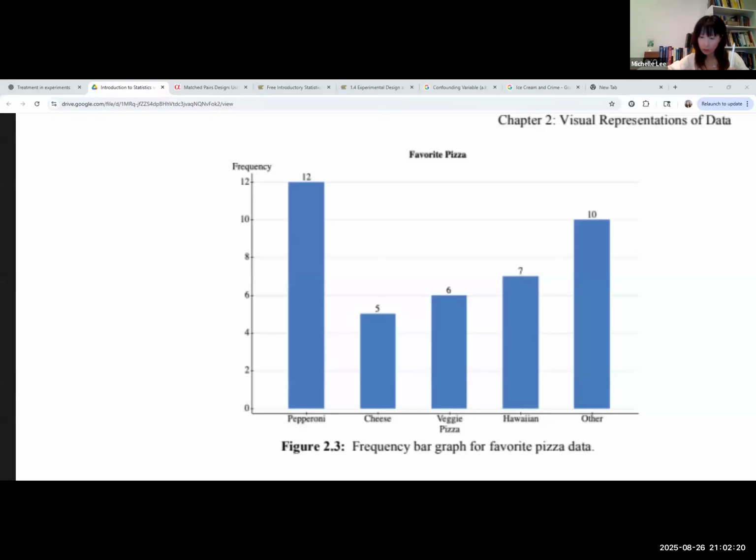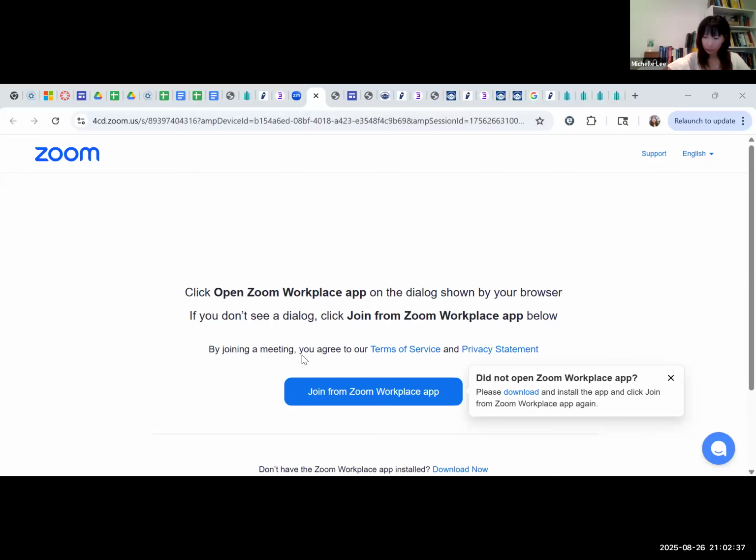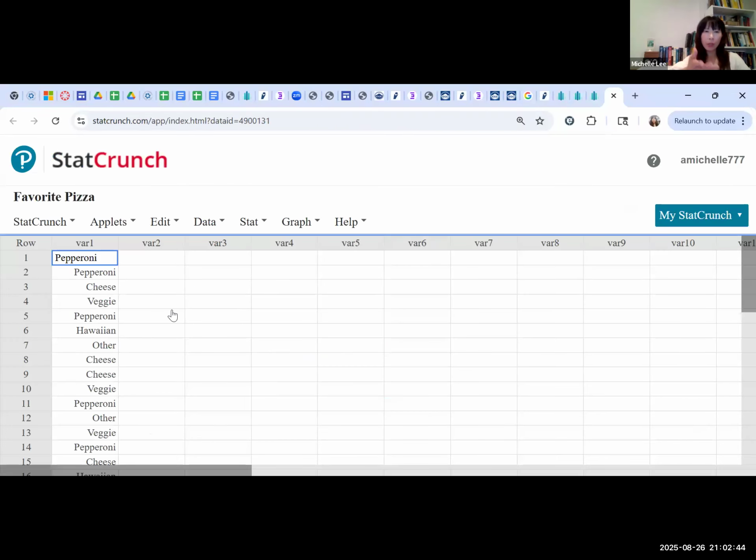We open StatCrunch, and then we have the data set there, right?